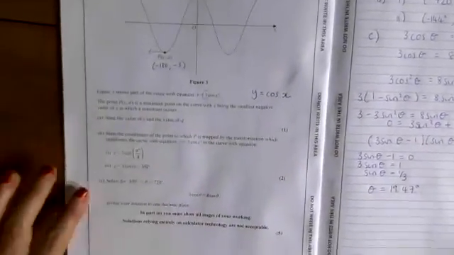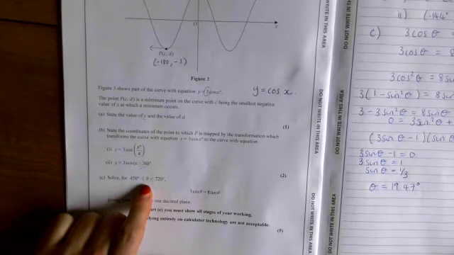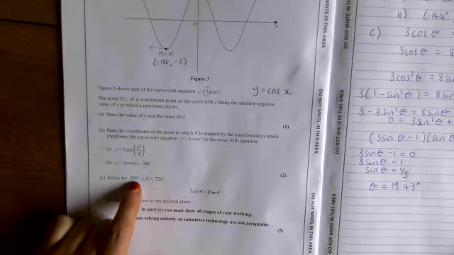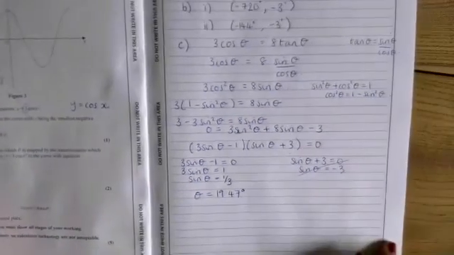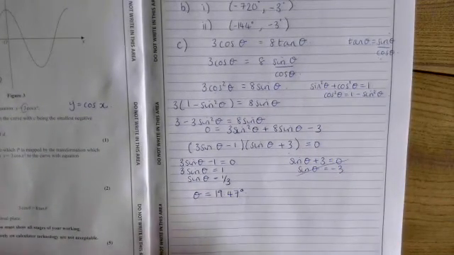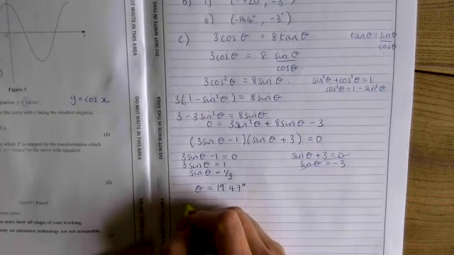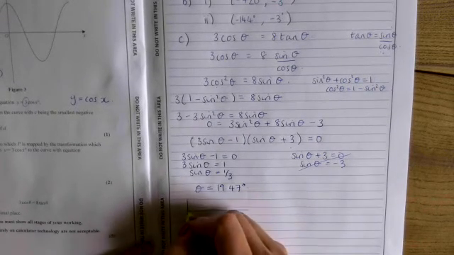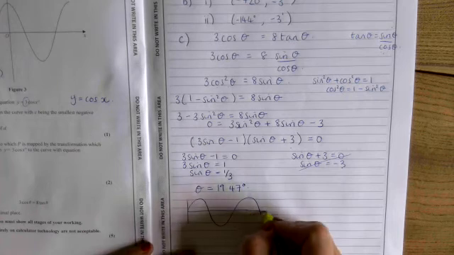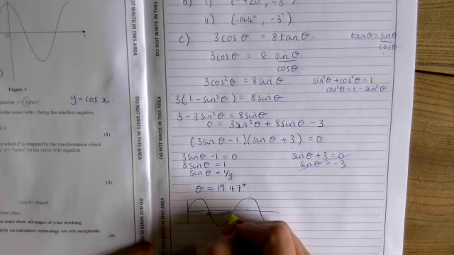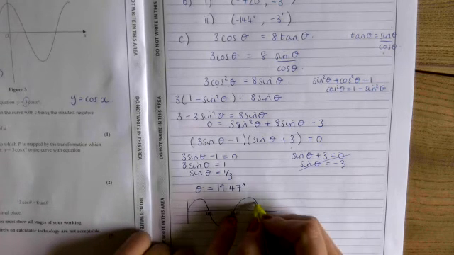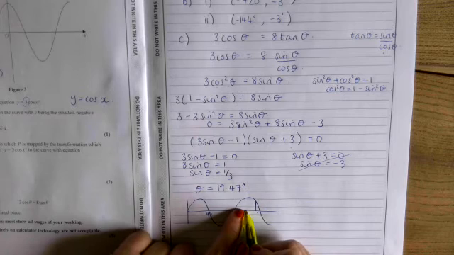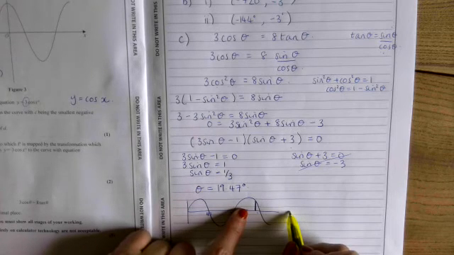I just need to check because it says solve for theta between 450 and 720. So if I think about my sine graph, it's 180, 360. I'm going to need this one up here. This is the one that's going to be between 450 and 720.